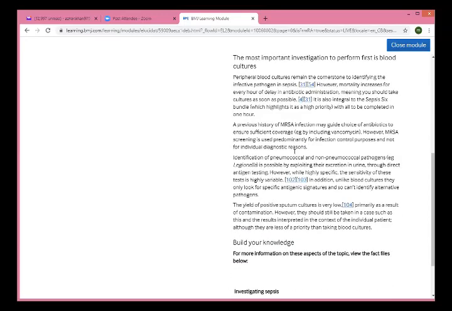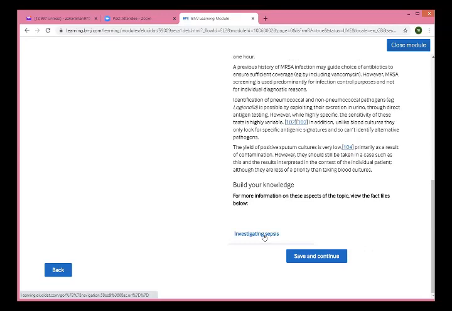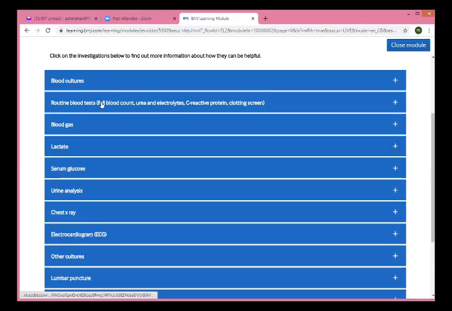In the patient with previous MRSA, you do the MRSA screen. Identification for pneumococcal and non-pneumococcal pathogens, you do it as a part of investigation of sepsis. So blood cultures, you do.